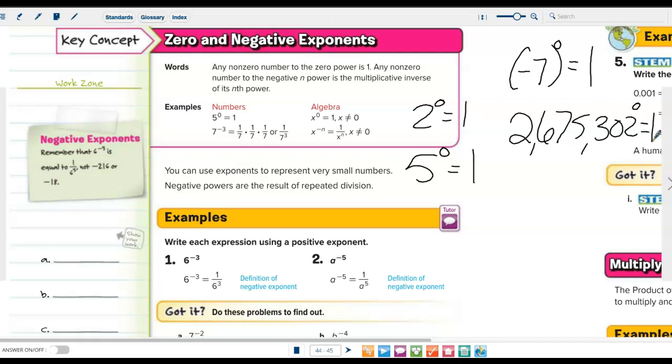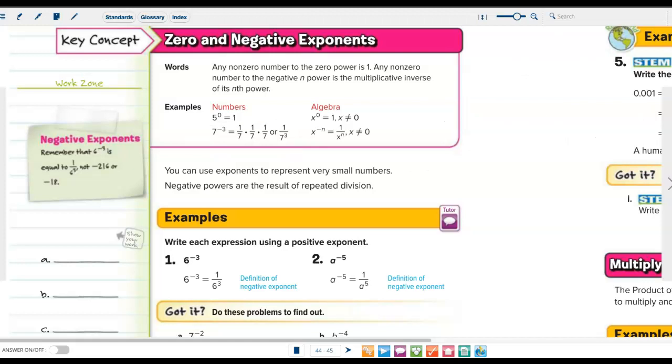Okay? Then it also says, the negative power is right here. So 7 to the negative third is the same as 1/7 times 1/7 times 1/7, or 1 over 7 to the third power.